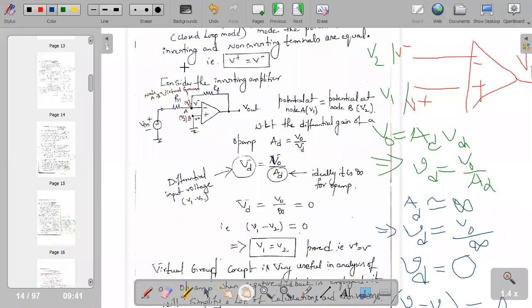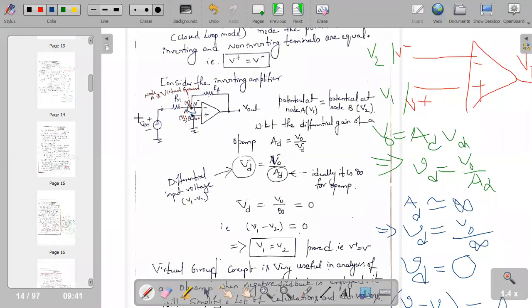Since there is no physical connection between the inverting and non-inverting terminals, that is node point A and node point B, even though they are not connected physically, they still have equal potentials. VA is equal to VB. That's why it is called a virtual ground.